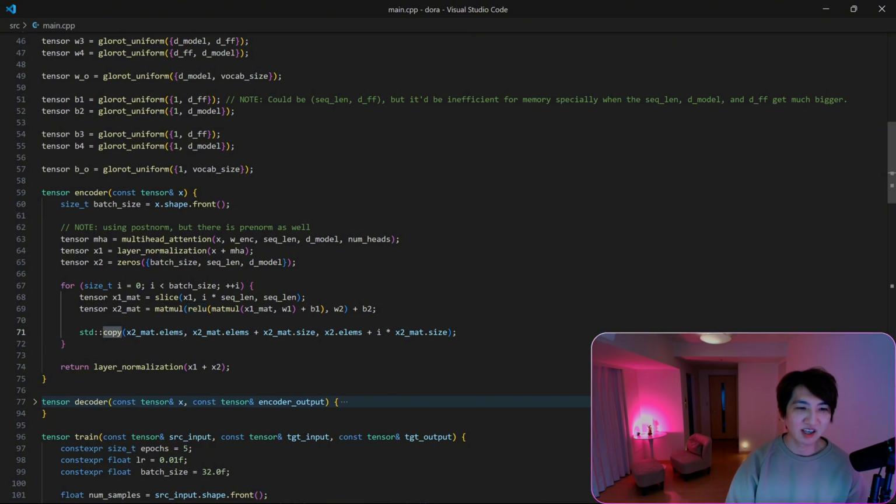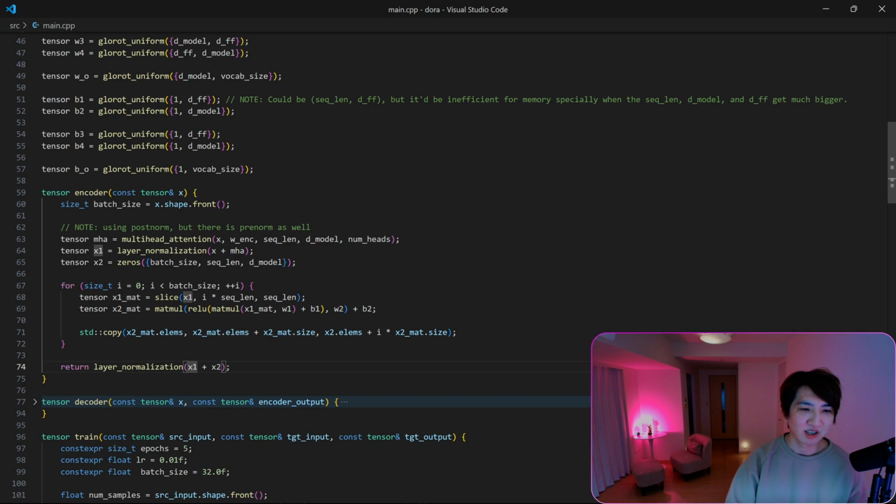And I add these results to this x2, which would be these 3D tensors, because it was in 2D, like matrices.